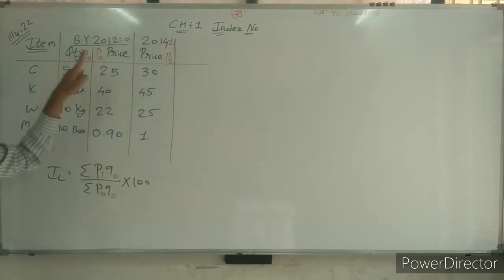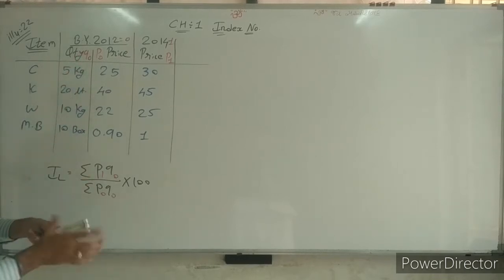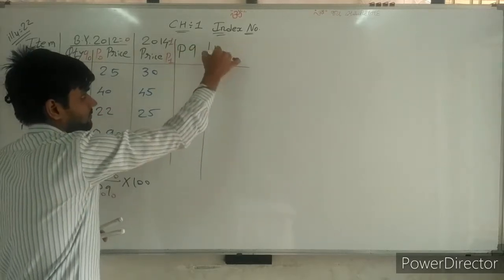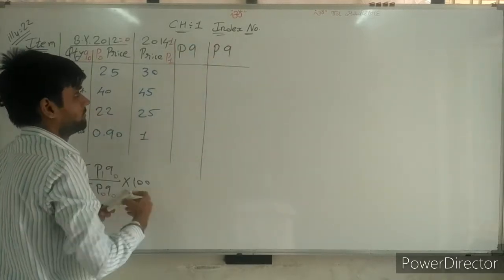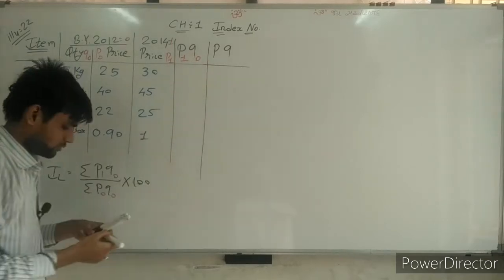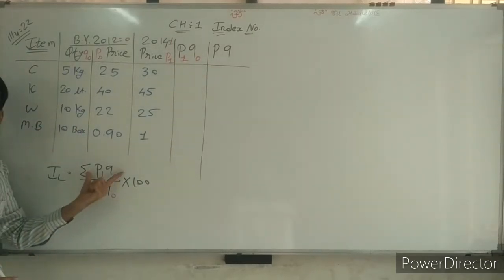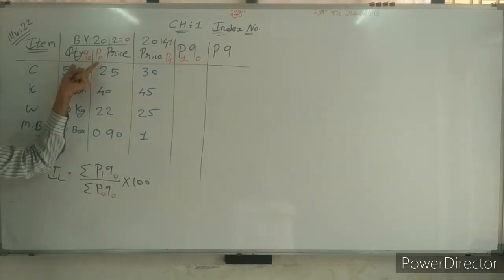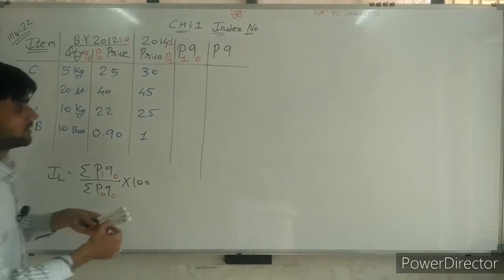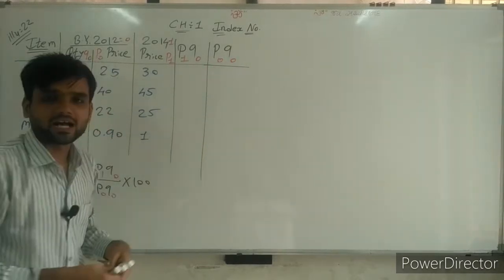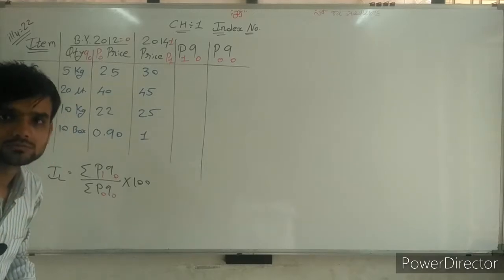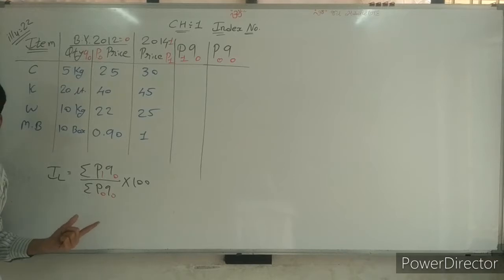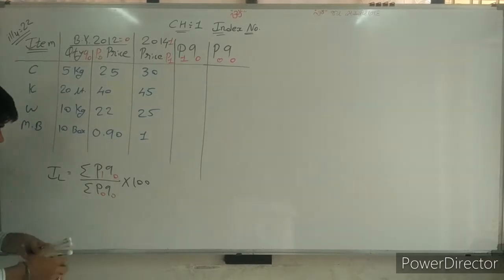Yes, sir, I can find it very easily. Now think P0 Q0. Is it possible? Yes, sir, P0 Q0 also possible. So I can find both numerator and denominator.